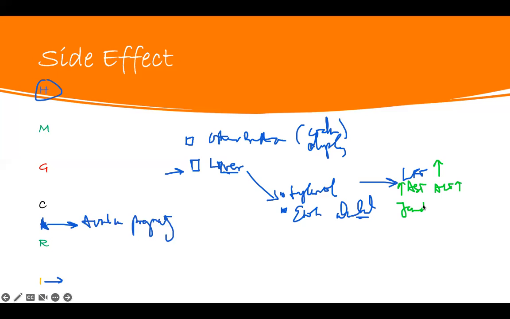Jaundice, because bilirubin goes up. The liver makes albumin, and if the liver is injured, it cannot make albumin, so albumin goes down. The liver makes clotting factors. If the liver is injured, it cannot make clotting factors, so your PT and INR increase.